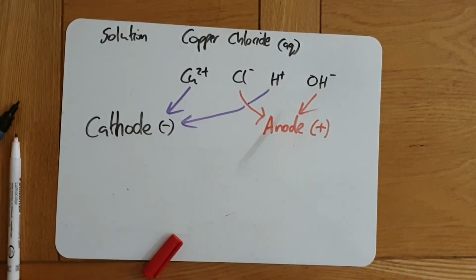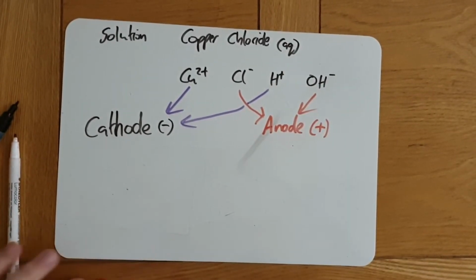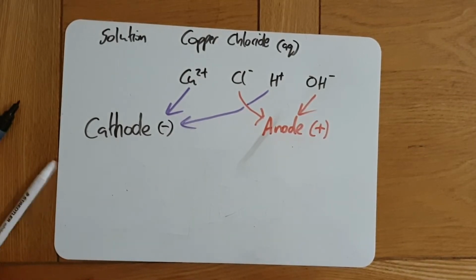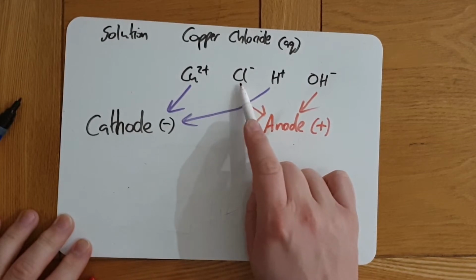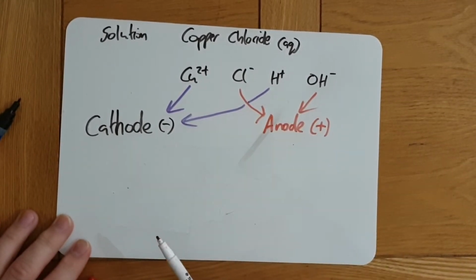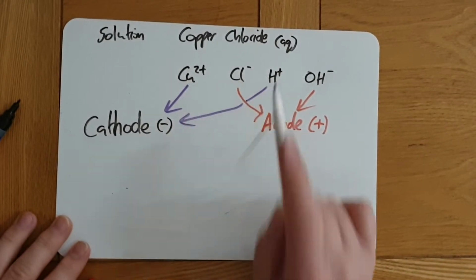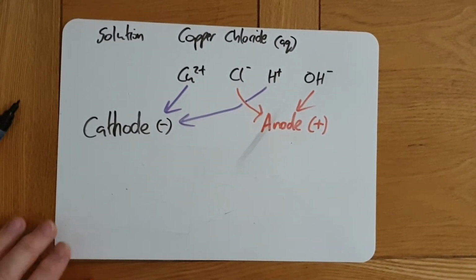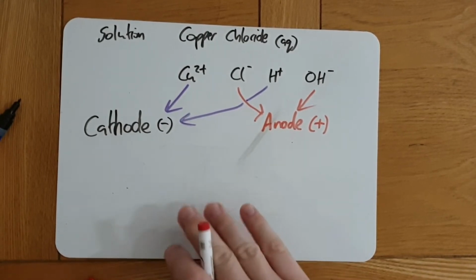So they both go there, but which one actually reacts? Because only one of these can react. So are we going to get chlorine, or is the OH going to react? And then over here, are we going to get copper, or are we going to get hydrogen? So just to explain how that works, and I will come back to this.